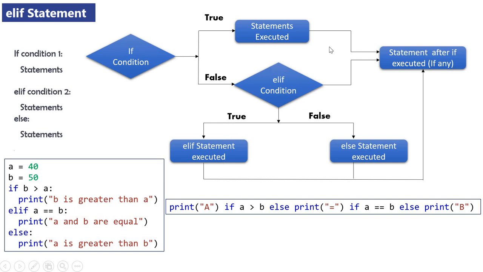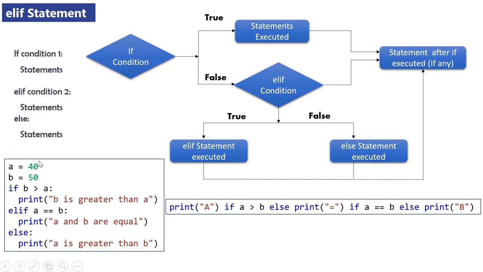And any one of these statements will be executed, which is compulsory, right? Because we have given the condition: check condition 1, check condition 2. If both are false, then simply execute the third statement, right? And whatever is outside this if and else will be executed if anything is there.